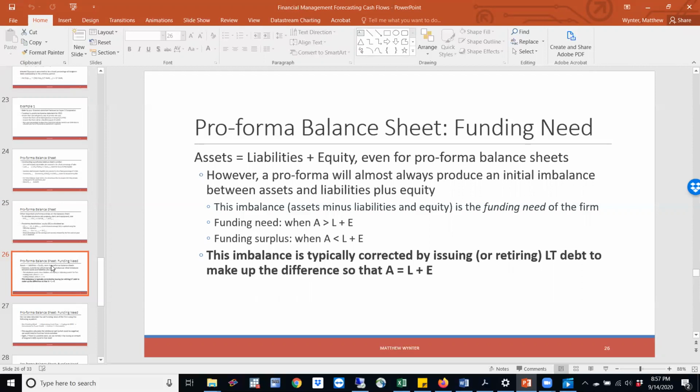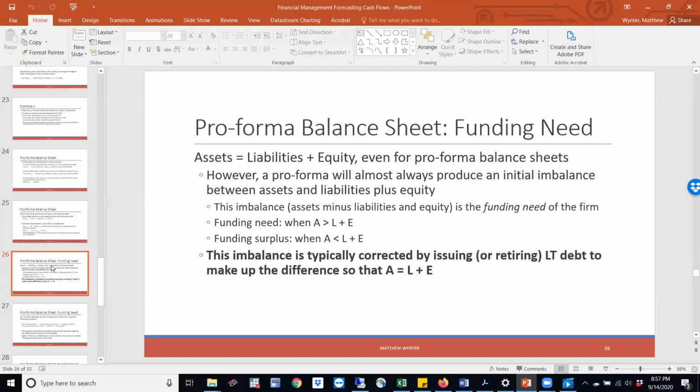If our assets are too big relative to our liabilities and equity, we have a funding need. If our assets are too small relative to our liabilities and equity, we have a funding surplus. That imbalance is going to let us know what our actual funding need is for the firm.